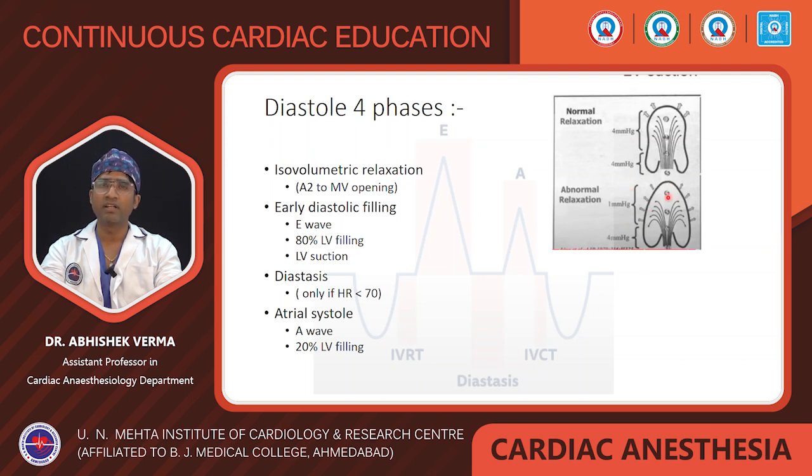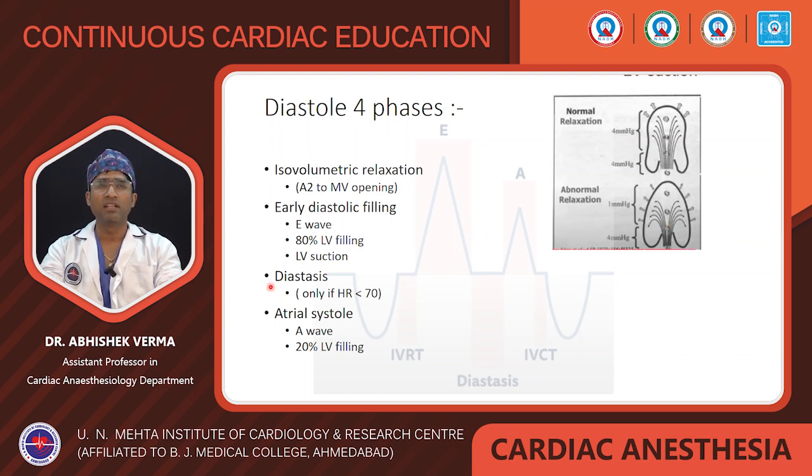So a gradient occurs between the basal and the apical, inside the LV, if there is abnormal relaxation, which is also diagnosed in the echo by mitral valve inflow propagation velocity, which we will discuss.